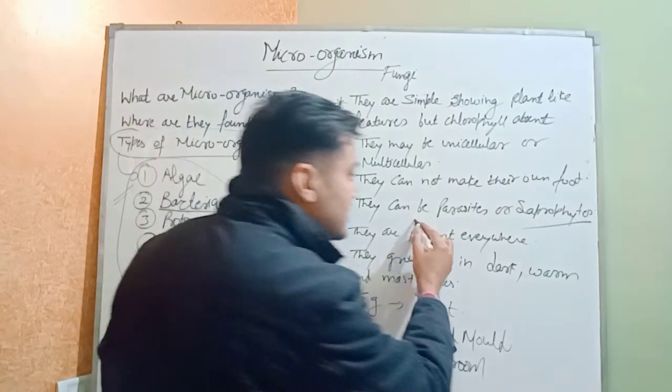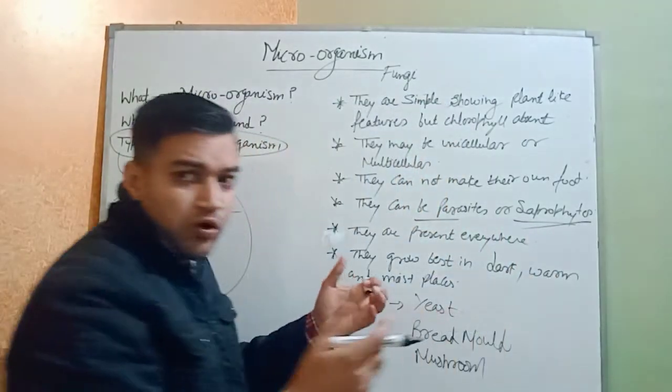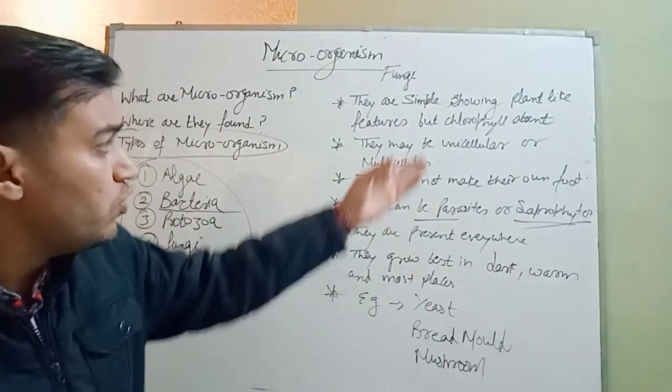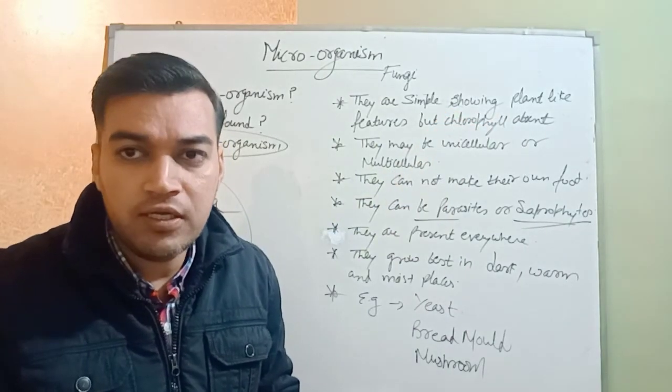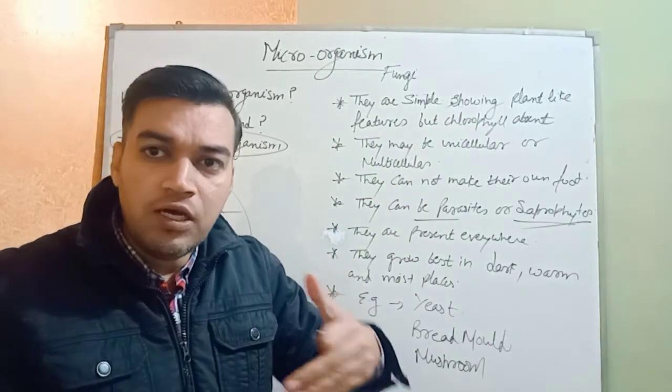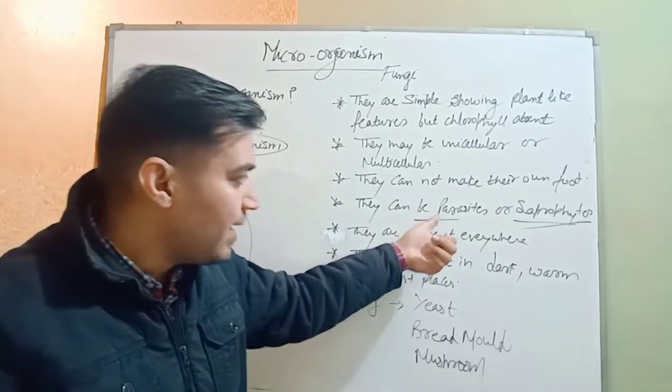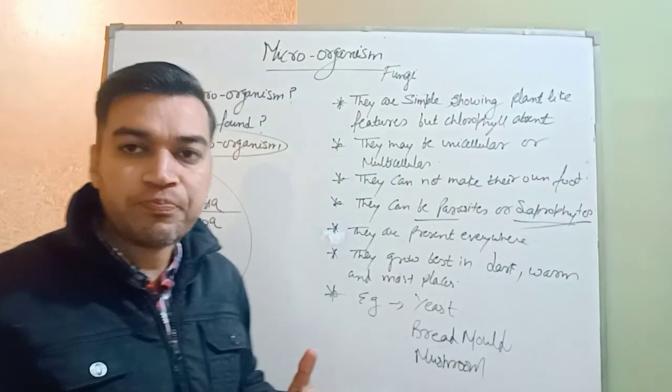Fungi can be parasites and saprophytes because they do not have chlorophyll. With the absence of chlorophyll, how can they make their own food? They have to depend on other things.